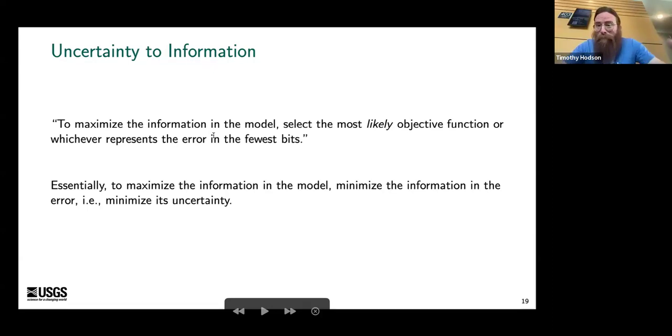But of course, that's what makes this all so beautiful, that it's general. In the general theory, we can talk on one hand about probability, and on another we can talk about compression, and it's just the same math. But essentially, we're going to maximize the information in the model, and to do that, we're going to minimize the information in the error.